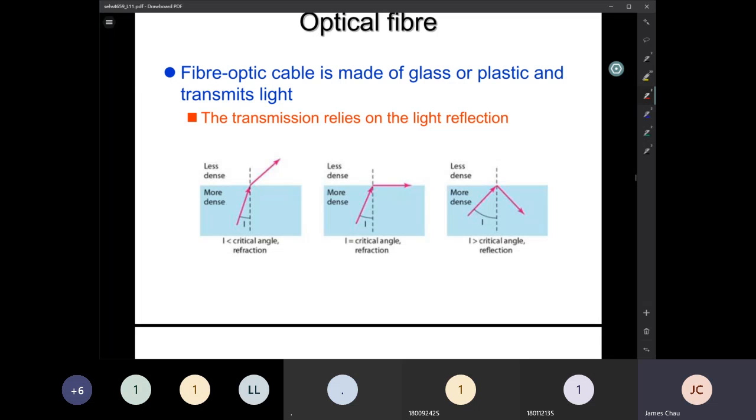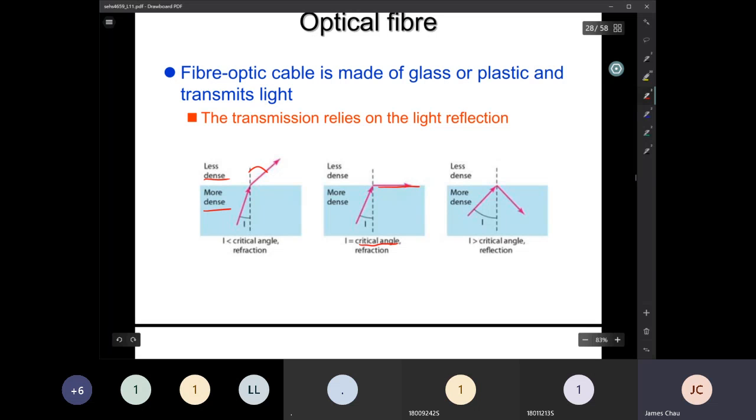And from physics, you should know that when there are two media, one more dense and one less dense, the light may be reflected, so that the less dense medium will have a larger refracted angle. At the interface, if you make the angle so large that the light cannot escape or pass through the less dense medium, we have total reflection.